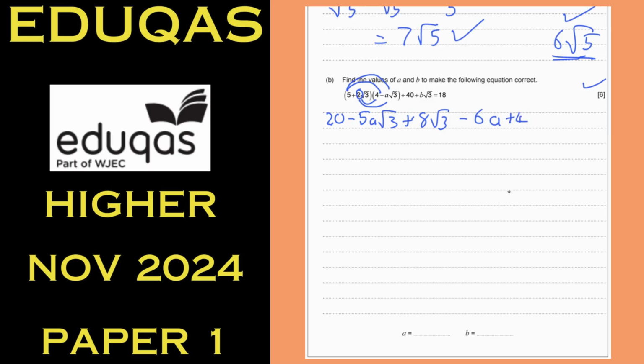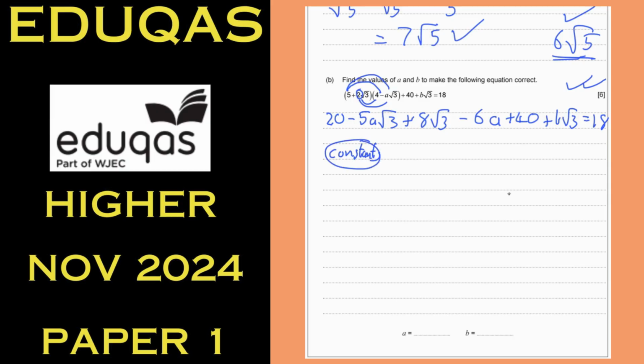For getting the 6a, sorry, you actually get your second mark, the minus 6a. Let's include now the 40 and the b root 3, which we have ignored thus far, as well as the 18. You could simplify, but for me, straight away, let's look at the constants.